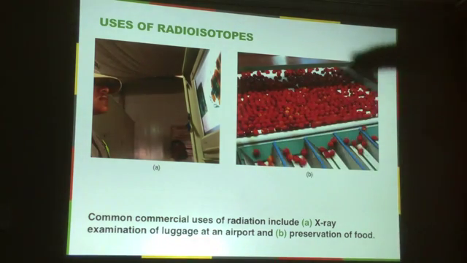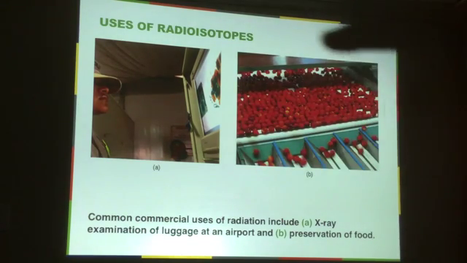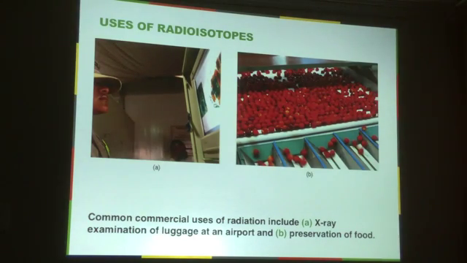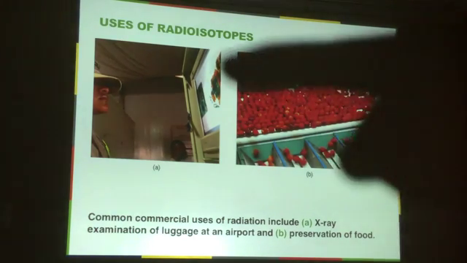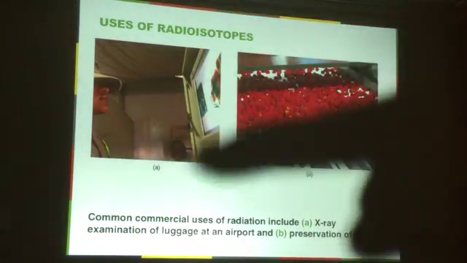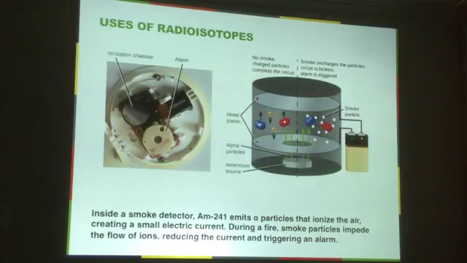Radiation, ultraviolet radiation, various types of ionizing radiation can be used to kill bacteria, or it can be used because it can penetrate certain materials. It can be used to image inside bags in order to examine baggage for weapons before the person gets on the airplane.